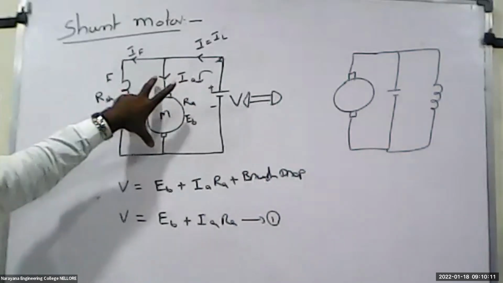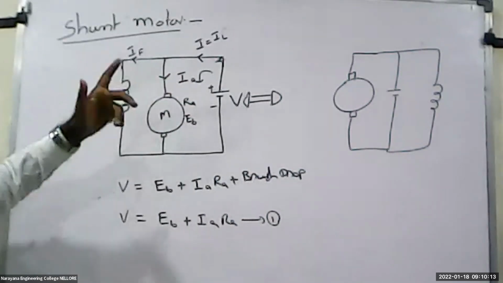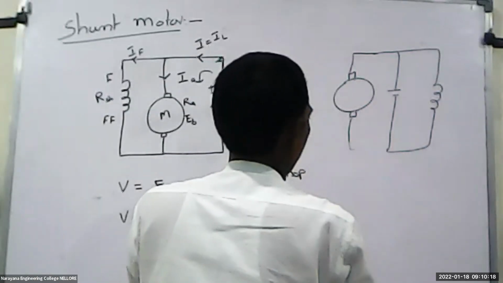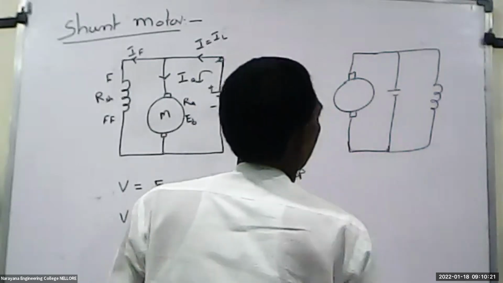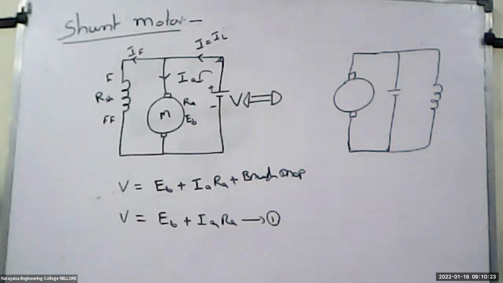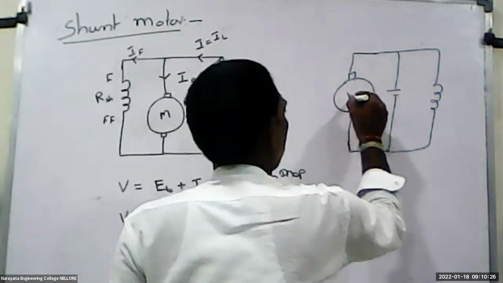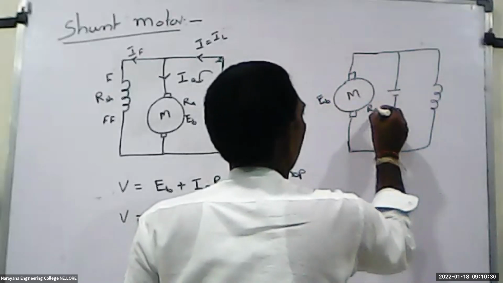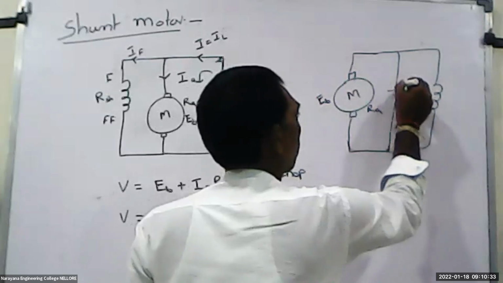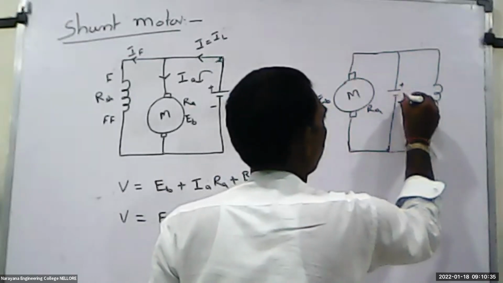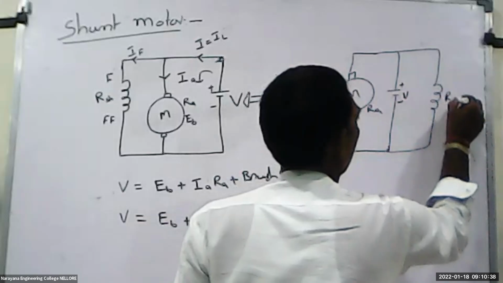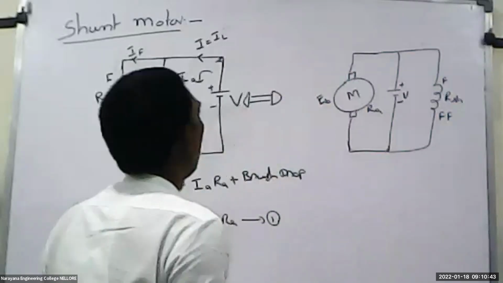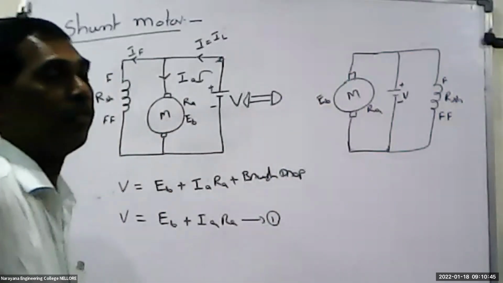So the voltage across the armature and the voltage across the field winding are the same. So I modify this diagram as follows. This is the armature back EMF, the armature resistance is RA, the supply voltage is V, and this is RSH, the field winding. I modify this diagram for our convenience.